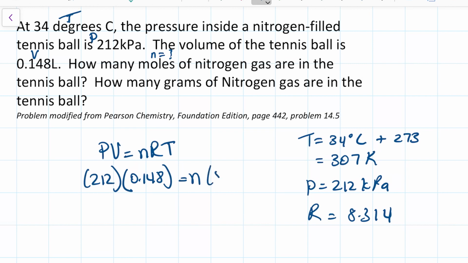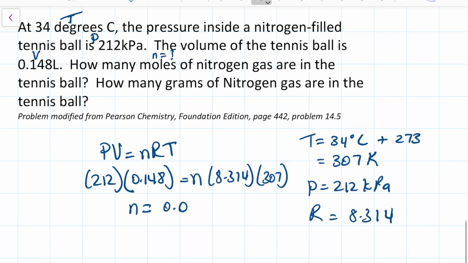Number of moles is what we're solving for. R value for this pressure is 8.314, and the temperature is 307. So now we're going to solve for N. I'm going to wait 5 seconds so you can pause the video and do this yourself. You should get 0.0123 moles.